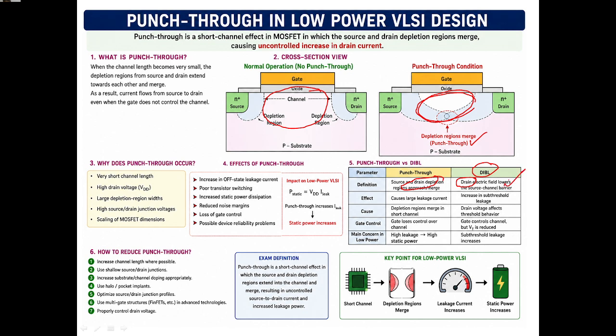It will reduce with extra supply, but in punch through we are not giving any extra supply. So it causes current leakage, the same thing, that is subthreshold leakage. Both are disadvantages. So that is the difference between punch through and drain induced barrier lowering. Thank you.